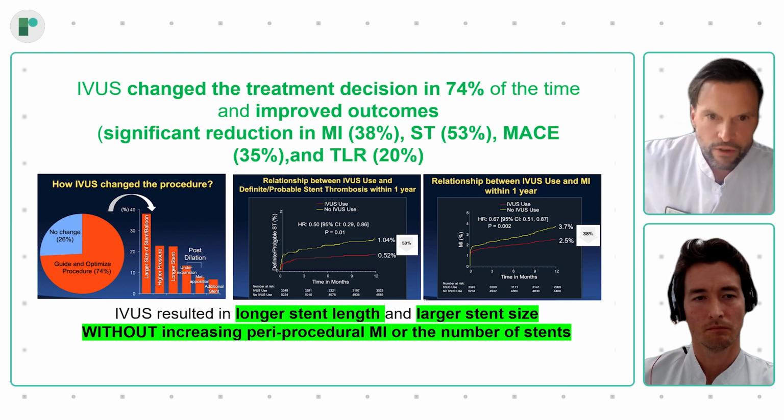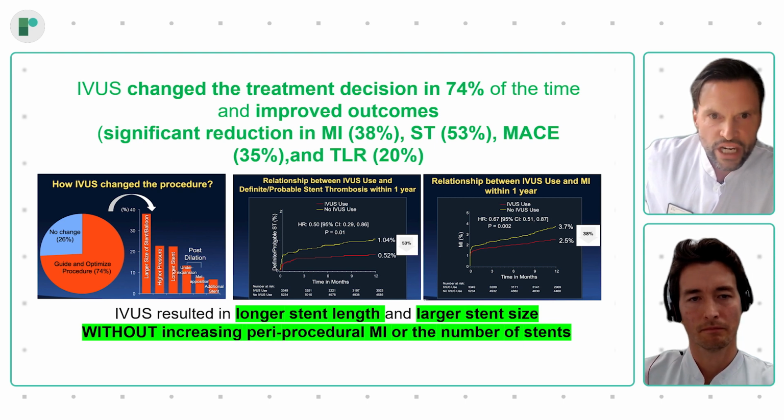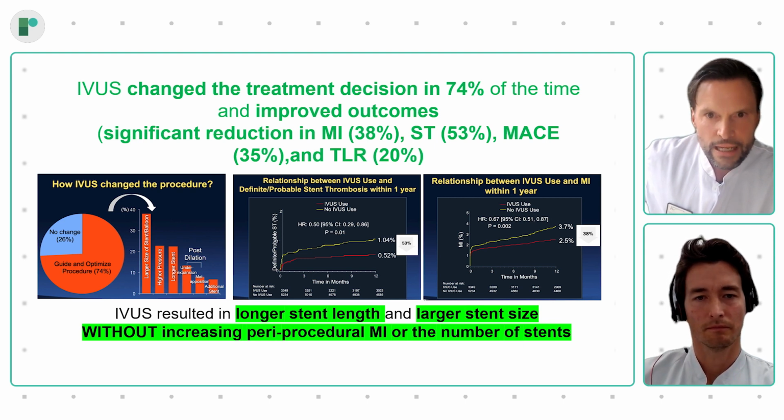And the first one, and I would say this is what we see, and this is why we use IVUS in almost every PCI in daily practice. If you use intravascular imaging, then you will see that you change your treatment decision in a significant amount of your patients. In this trial, the use of intravascular imaging led to a change of treatment decision in 2/3 of every patient that has been treated.